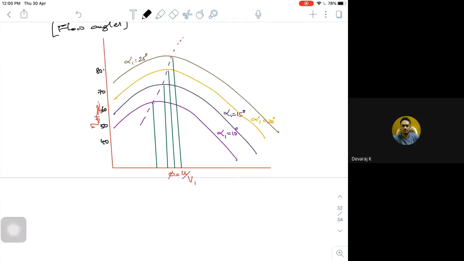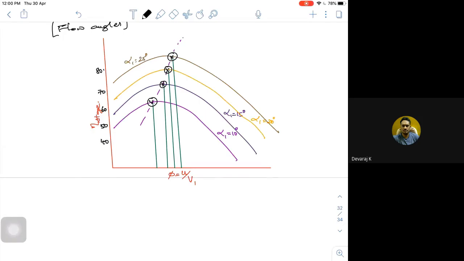Even though phi keeps increasing after that, your efficiency will drop. This is the point where your multi-stage steam turbines will work best, which is nothing but optimizing or maximizing your gross stage efficiency.